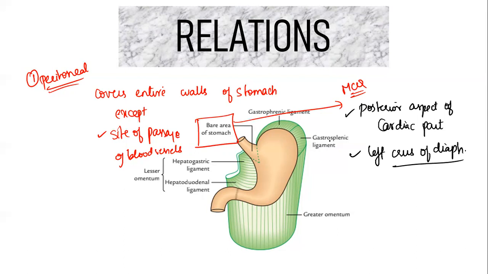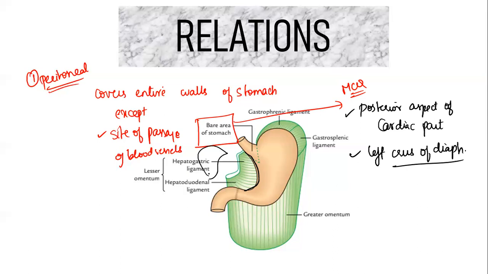Now, next the peritoneum. How is the peritoneum going to extend from the stomach? You all know we have got 2 curvatures. This one is your lesser curvature and this one is your greater curvature. Along the lesser curvature, the peritoneum extends from the lesser curvature, listen carefully, and gets to the liver.